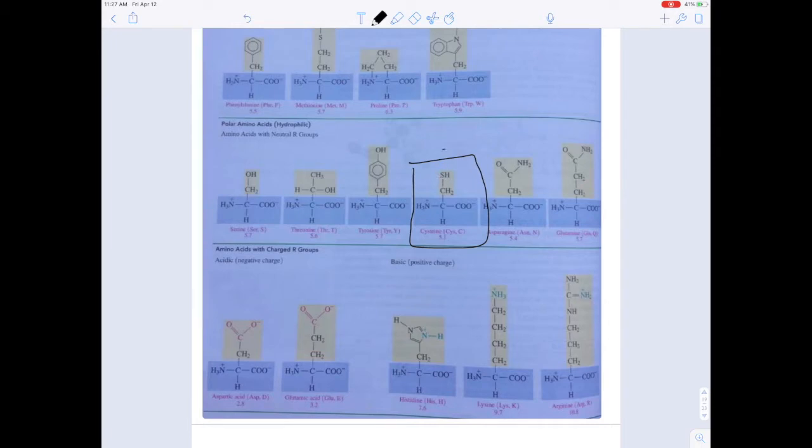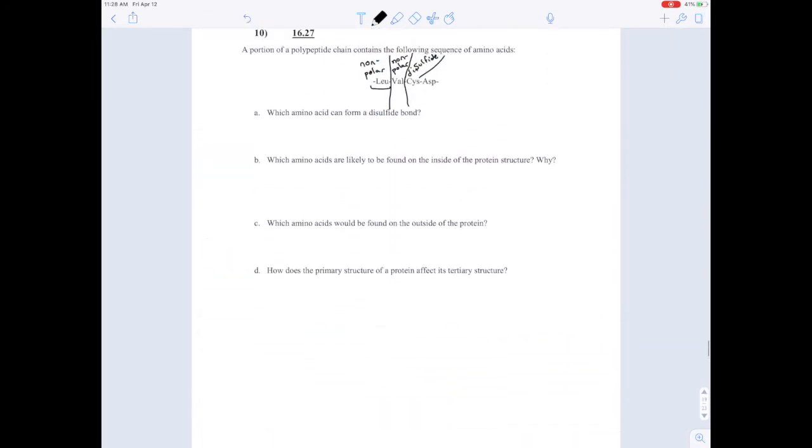So another cysteine can come by, face the opposite way, right? You have the backbone there. And these two SHs can snap together to form a bond between the sulfurs. And that's the disulfide bond. So that's just a special thing that only cysteine can do. So that's what we want to watch out for with that.